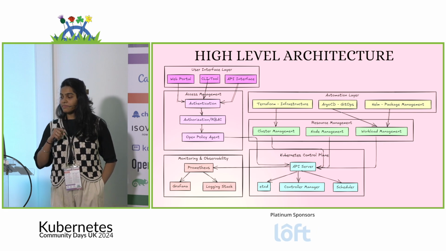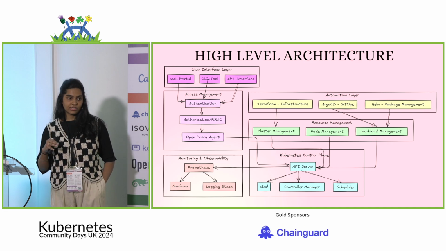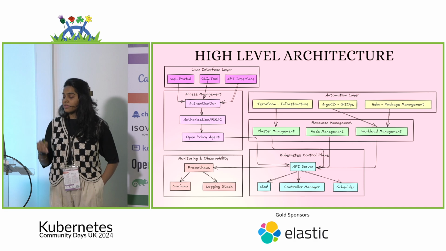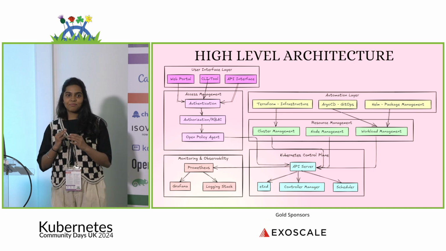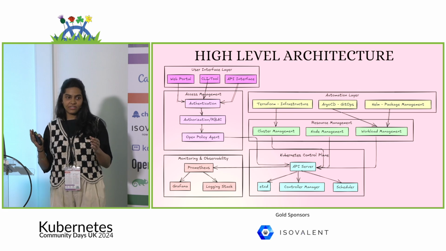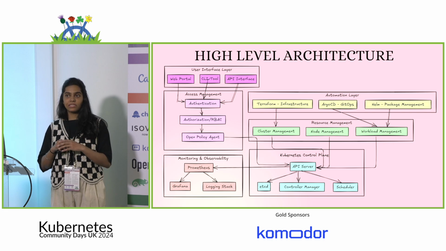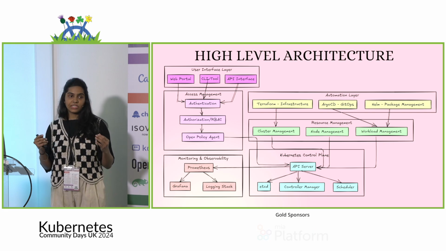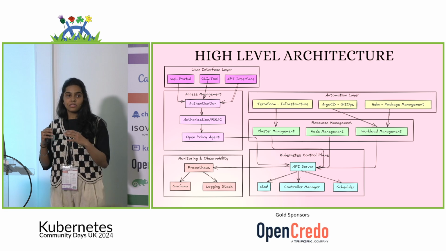And then comes the Kubernetes control plane, which is involved with the provisioning of the Kubernetes clusters. Then the most important, the star of this platform, is the automation layer: Terraform and Helm. Terraform is the one that enables provisioning the architecture, and Helm is the one that automates the deployment.